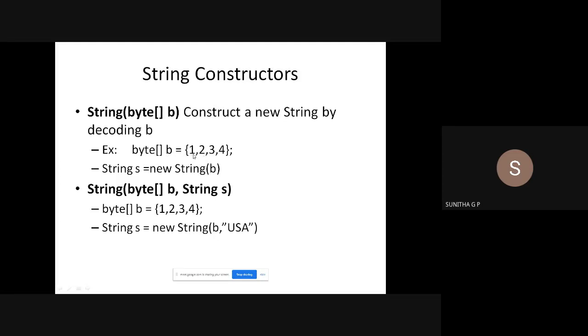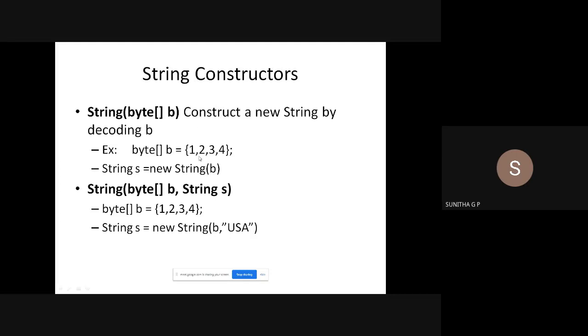Usually if I send the value 1234, it is going to create a string with four zeros. Whenever I'm constructing a string from integers, I have to send the ASCII values. I'll show you that when we execute the programs. If I send 64, 65, 66, 67, it is going to create the string ABCD.